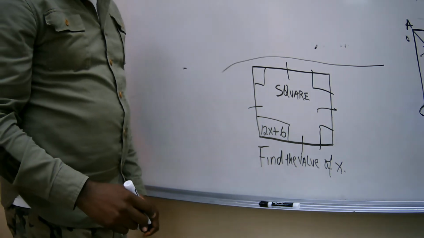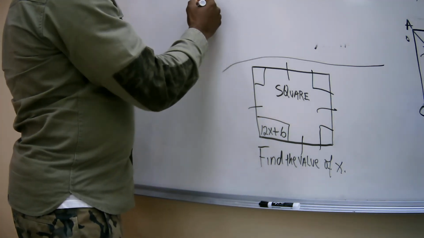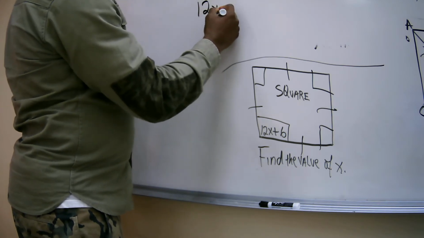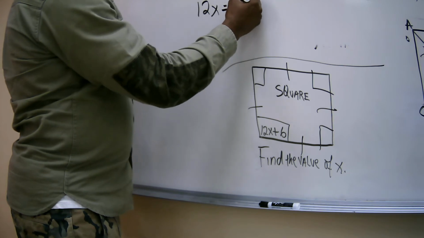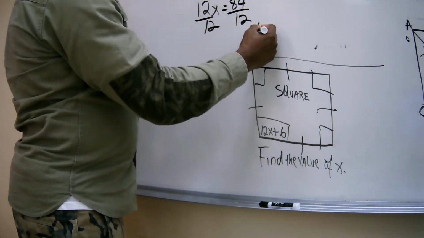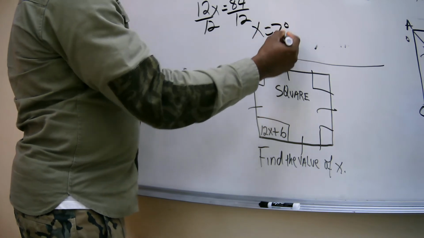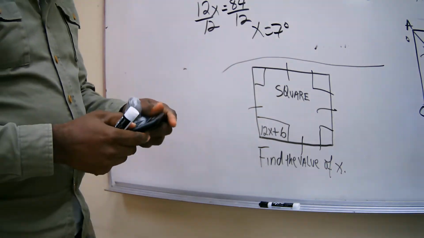Then what will you do? You subtract 6 from each side. You will have 12x is equal to 84. Then you divide by 12. And I think x is equal to 7 degrees. 84 divided by 12 is 7.